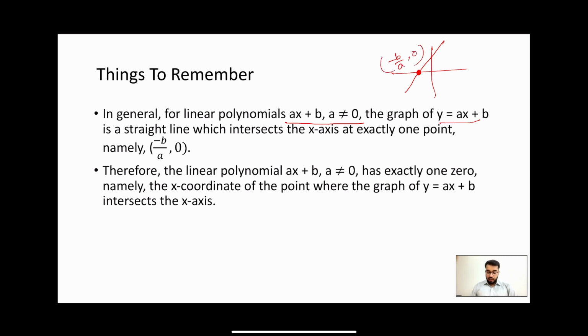This would be the point. Therefore, the linear polynomial ax plus b has exactly one zero, namely the x coordinate of the point where the graph of y is equal to ax plus b intersects the x-axis. So reiterating, this point here on the x-axis, minus b upon a, is the zero of the linear polynomial.